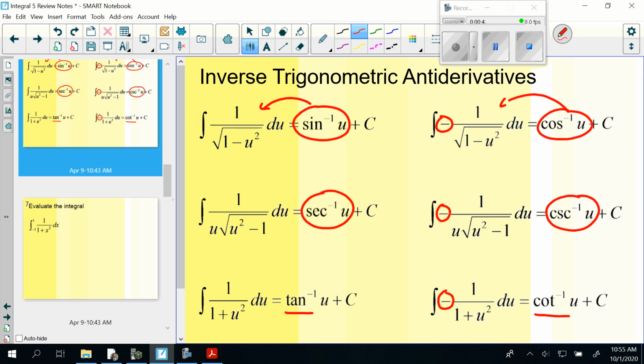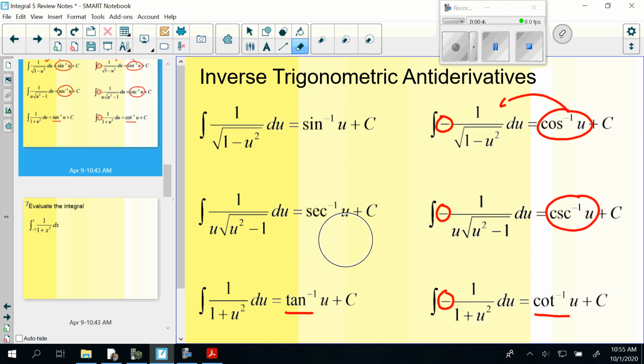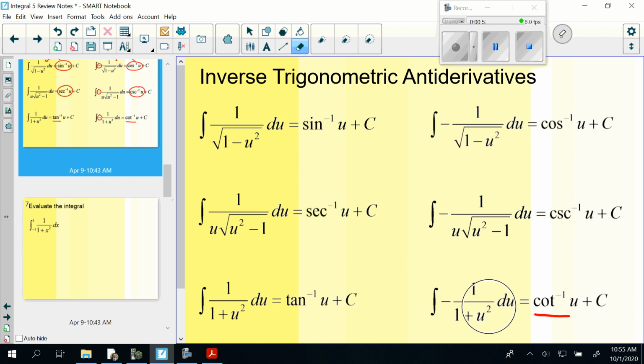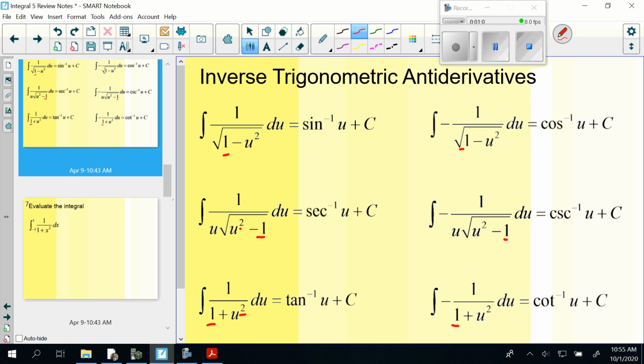Some of these you would either have to work out the derivative if you forgot on the test, or it might be a good thing right before the test to go through and memorize these. But there are some similarities: they all have a 1 in there, all of them have a term squared in here, and a lot of them have the square root symbol in there.